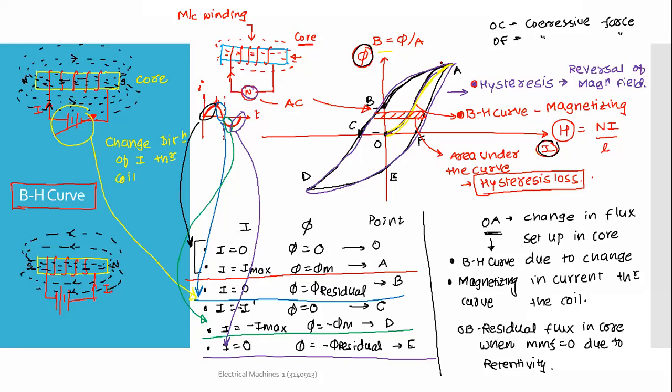However, if the magnetic material is subjected to continuous change in the magnetic flux, in magnitude as well as direction, then some of the energy will be dissipated, converted into heat energy due to continuous change in the dipole position, and that is what hysteresis represents. Okay, so am I clear with the difference between BH curve and hysteresis curve?